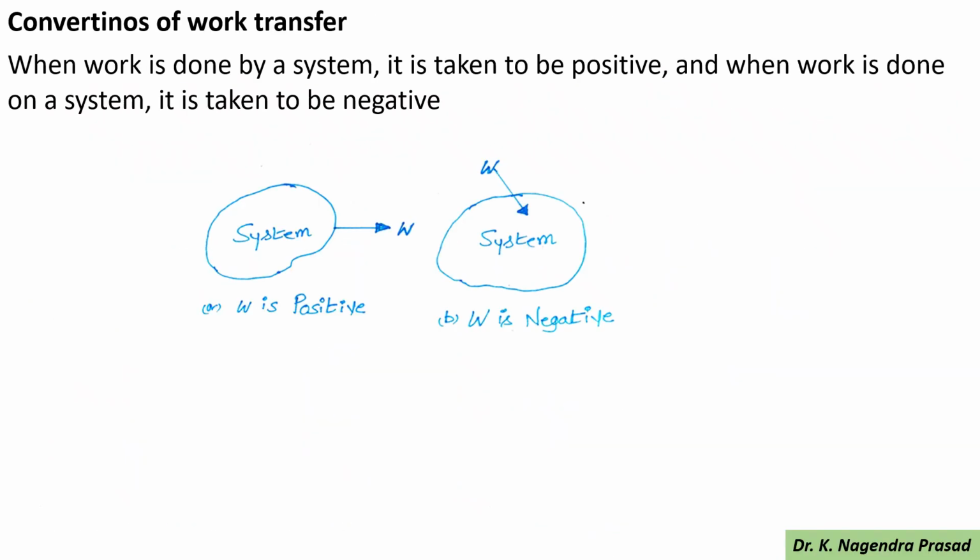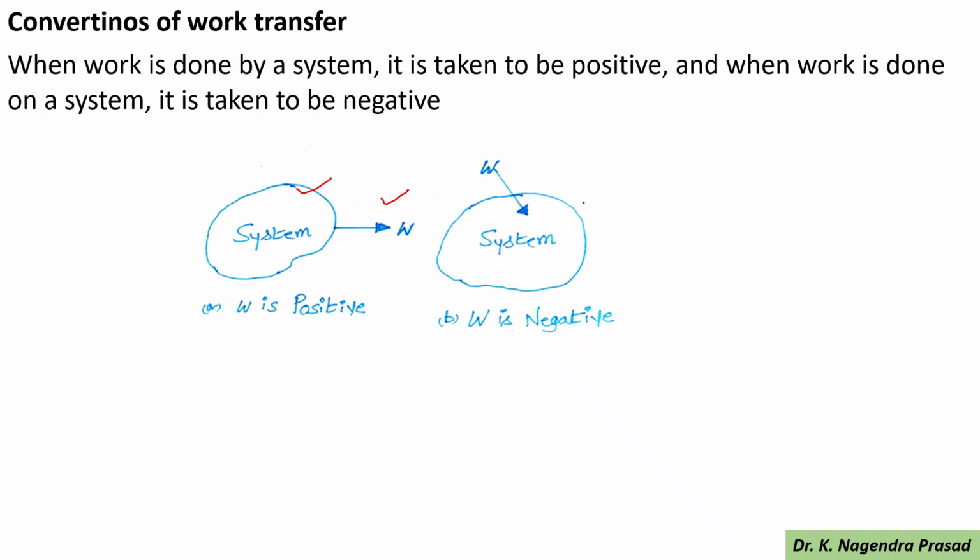So next, to see the conventions of work transfer. When work is done by a system it is taken to be positive, and when work is done on a system it is taken to be negative. In figure A, work is done by the system on the surroundings, so work is positive.